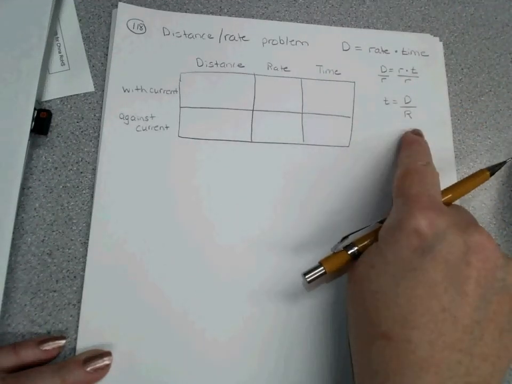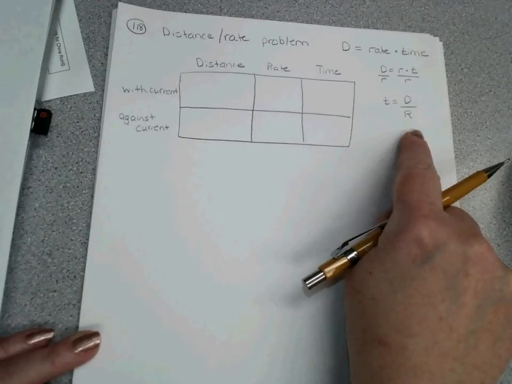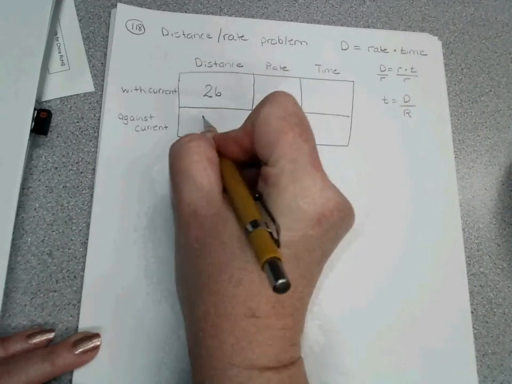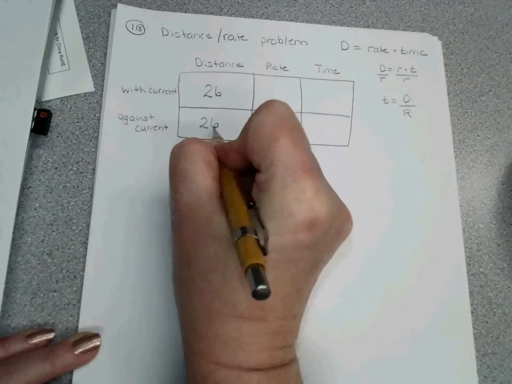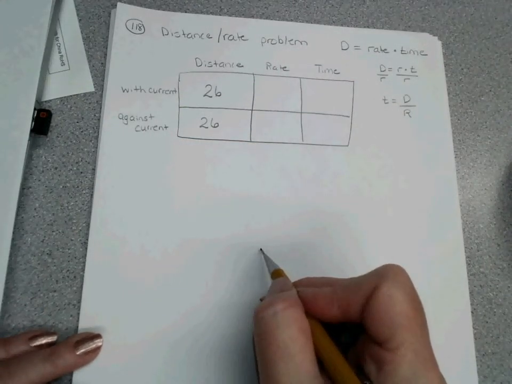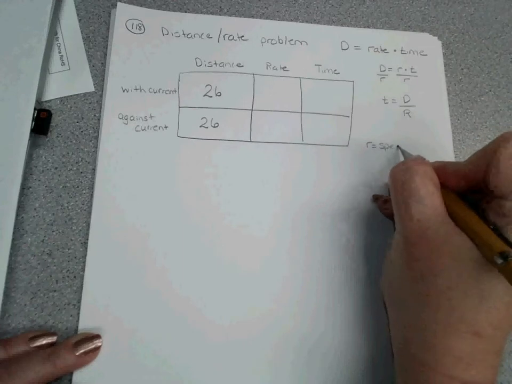Okay, so looking at problem 118, it says it travels 26 miles with the current and it returns the same distance. So my distance is 26. It says that the speed of the current is 5 miles an hour, and what we want to know is the speed of the barge. Okay, so I'm going to call r the speed of the barge in still water.